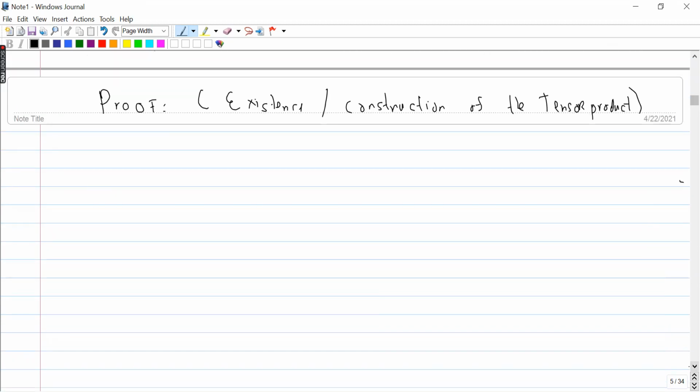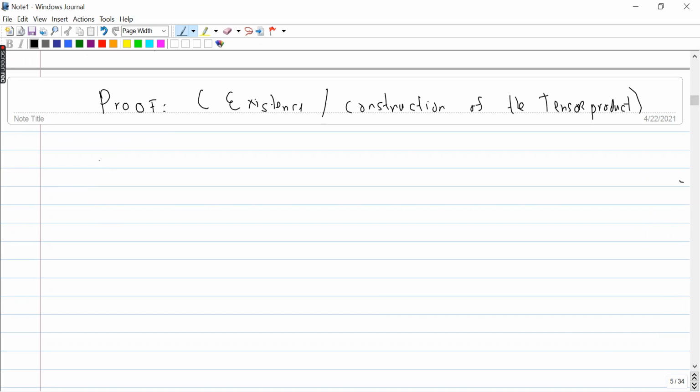Initially, what we have seen, we defined the tensor.